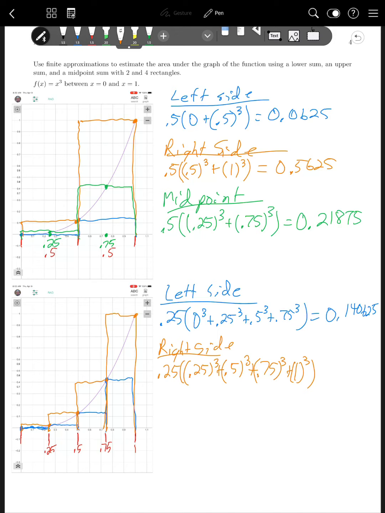So we do the same thing as the one above, except instead of plugging in 0, 0.25, 0.5, 0.75, we plug in 0.25, 0.5, 0.75, and 1, the right-hand endpoints. So 0.25 cubed plus 0.5 cubed plus 0.75 cubed plus 1 cubed.